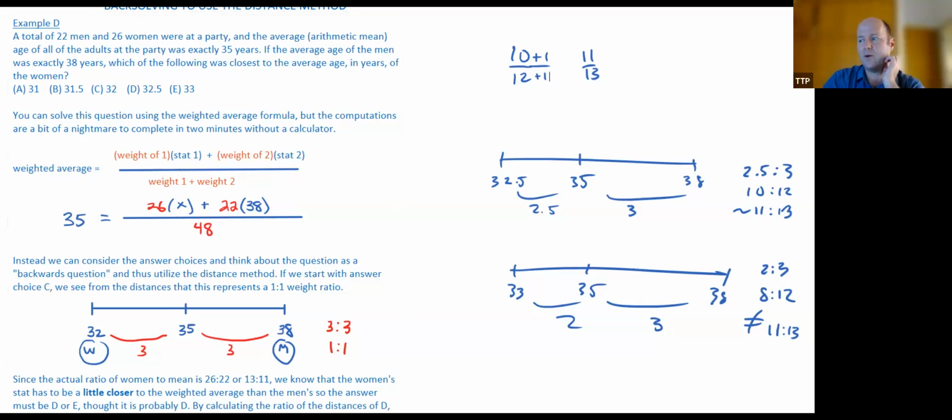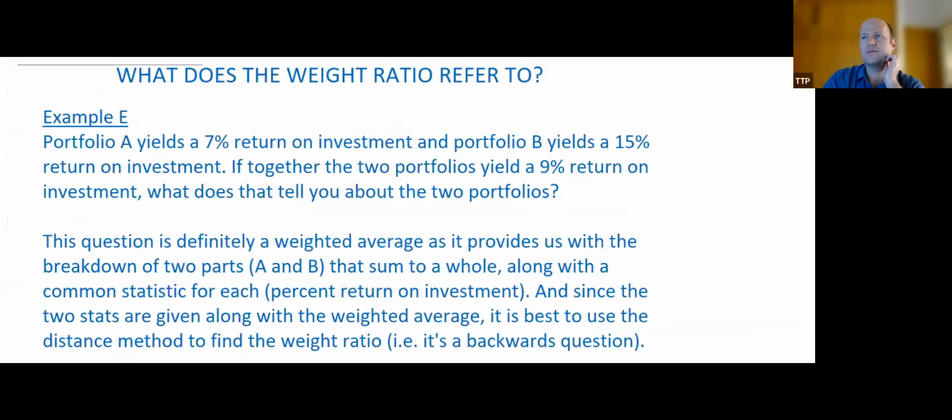Let me talk about what that one place is. Let's give an example of 2 portfolios. Portfolio A yields a 7% return on investment. Portfolio B yields a 15% return on investment. If together the 2 portfolios yield a 9% return on investment, what does that tell you about the 2 portfolios?